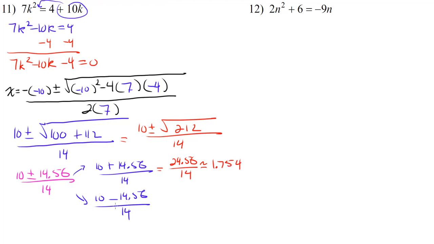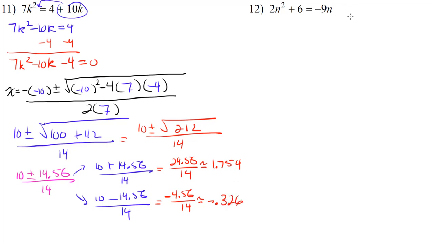And 10 minus 14.56 is going to be negative 4.56. And negative 4.56 divided by 14 is going to be negative 0.326.